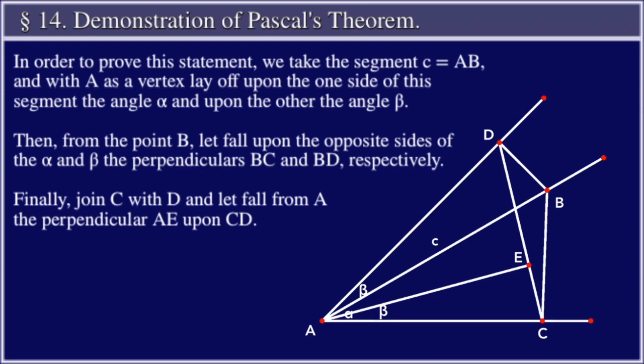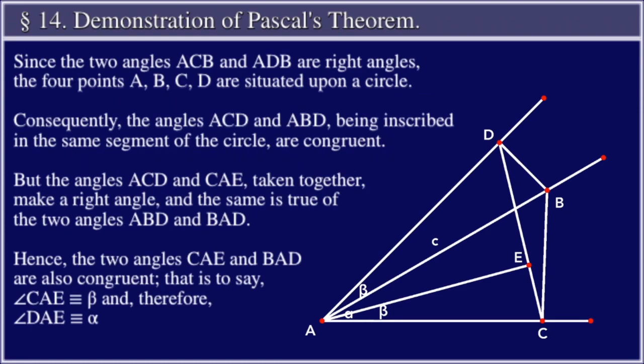Finally, join C with D, and let fall from A the perpendicular AE upon CD. Since the two angles ACB and ADB are right angles, the 4 points A, B, C, and D are situated upon a circle. Consequently, the angles ACD and ABD, being inscribed in the same segment of the circle, are congruent.